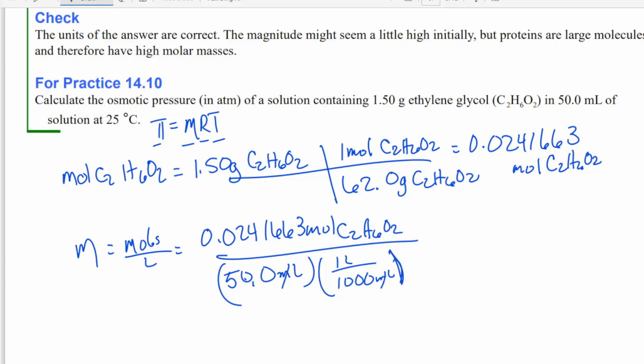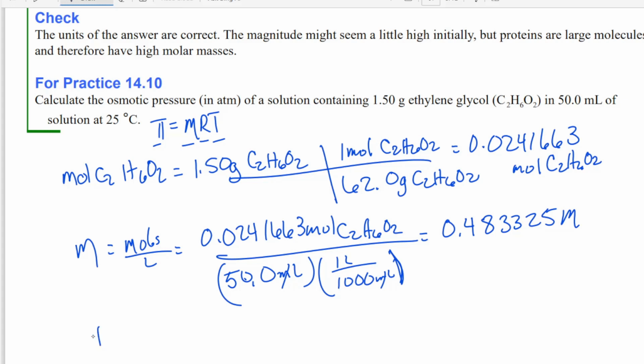So milliliters cancels, and now we've got liters. So that's equal to 0.483325 molar.